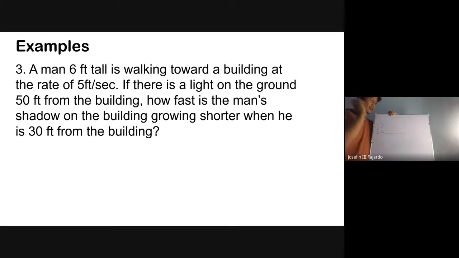Kunwari, andito yung building. Papunta siya doon. And then, there is a light on the ground 50 feet from the building. Ay, sorry, yung drawing ko. Andito yung tao. There is a light 50 feet from the building. So, ibig sabihin, a certain distance, kunwari, this is 50 feet. Andito yung ilaw.